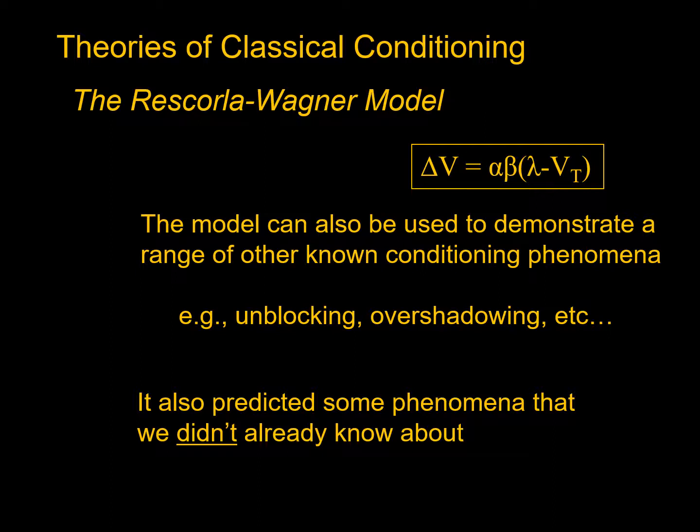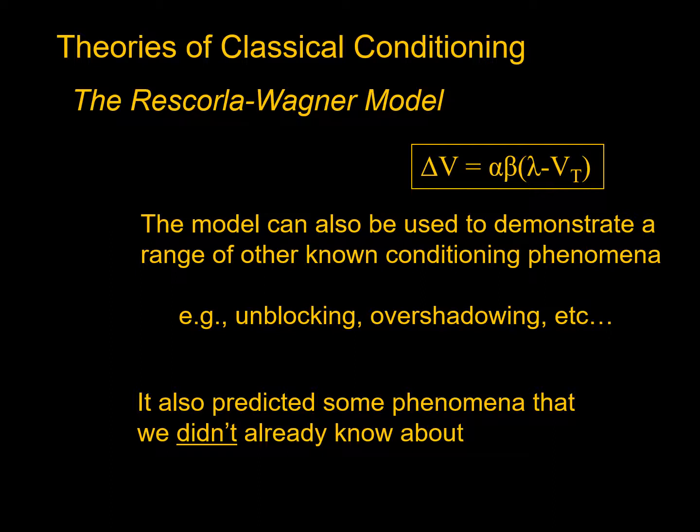Oh, what you just said about 150, that was unblocking. Yes. Okay. So if we start out with 100 units in a basic blocking demonstration, whatever our US is, we say that has 100 units of associative strength. When it comes to the unblocking part, we have to increase the intensity of that US. So now we're using a stronger US that will support 200 units of learning.